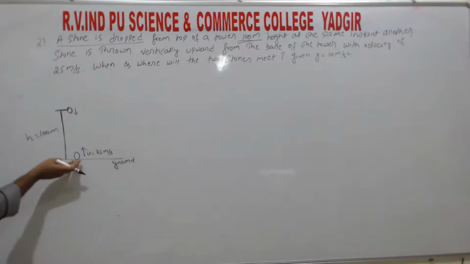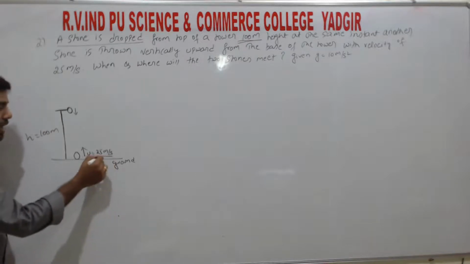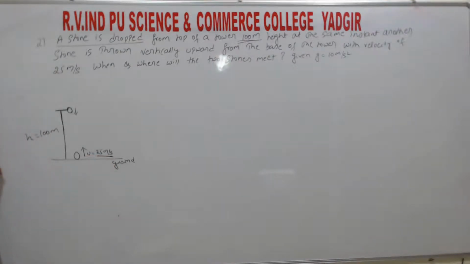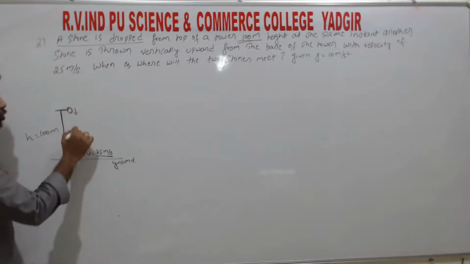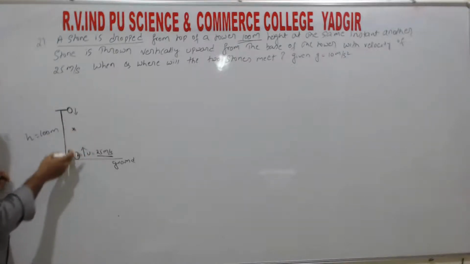Without velocity, this stone will not move in the upward direction, right? So for that, they are giving the velocity. Next, we need to find where these two stones will meet somewhere here. We don't know where these two are meeting.